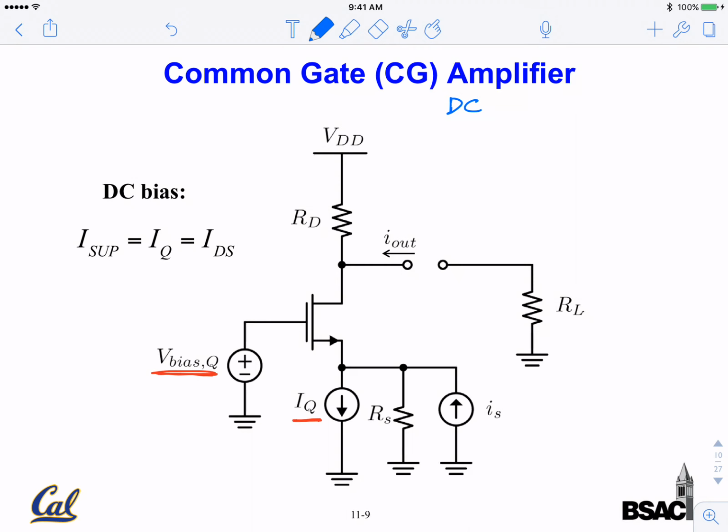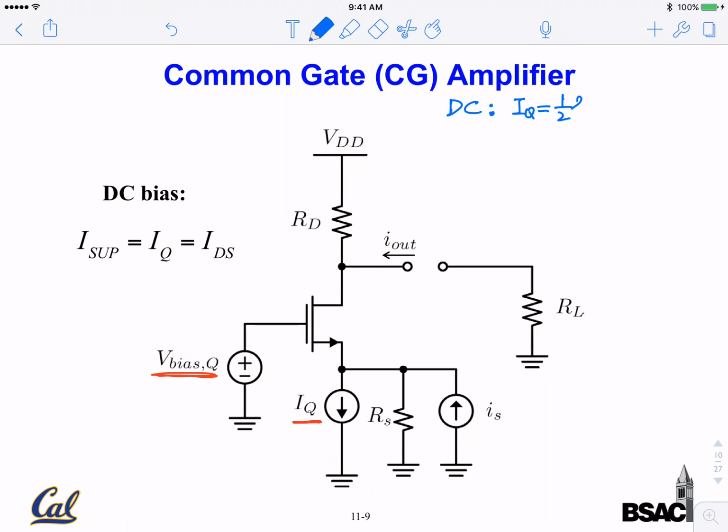So the first thing you do is like what you're doing with your lab. You do DC analysis. You know the current source, so IQ here will be equal to 1/2 Kn (VGS minus VTN) squared. So basically, you know VGS here.